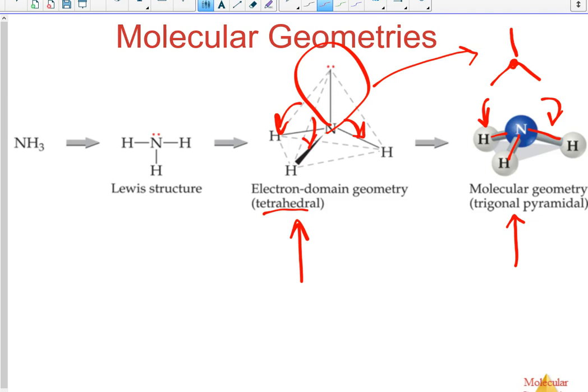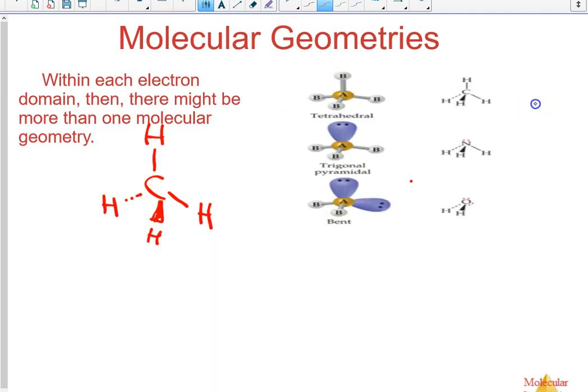So the main difference between electron-domain geometry and molecular geometry is that for electron domain you account for every electron in the diagram. Molecular, you only draw bonding electrons. But you will see evidence of them.